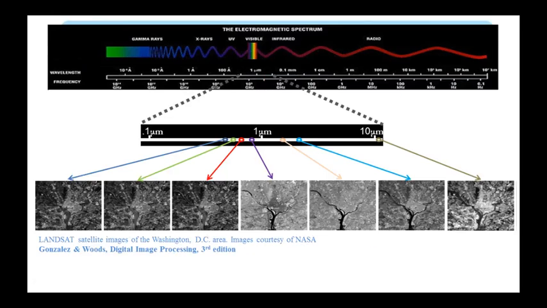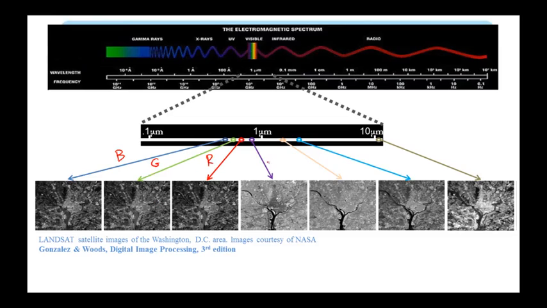Next to the visible band is the infrared band. We spoke earlier about Landsat imaging as used, for example, in remote sensing in the introduction of this week's class. We show here again a 7-band Landsat image. This is the blue channel, the green and the red channel.